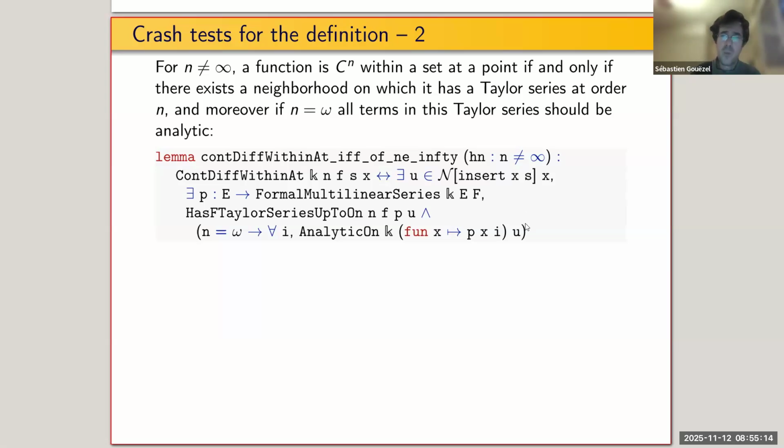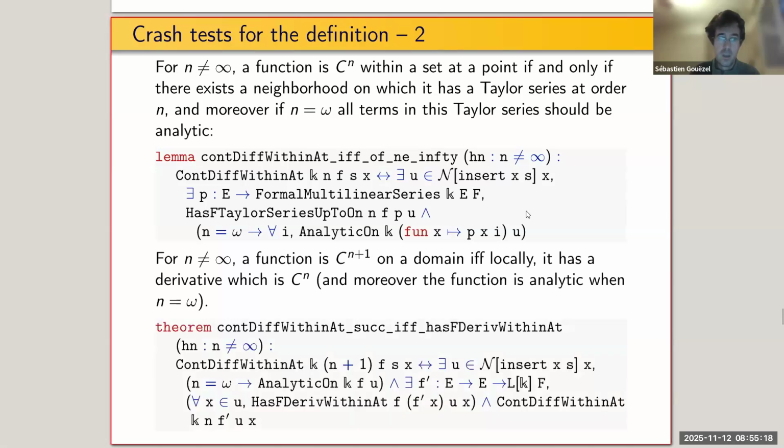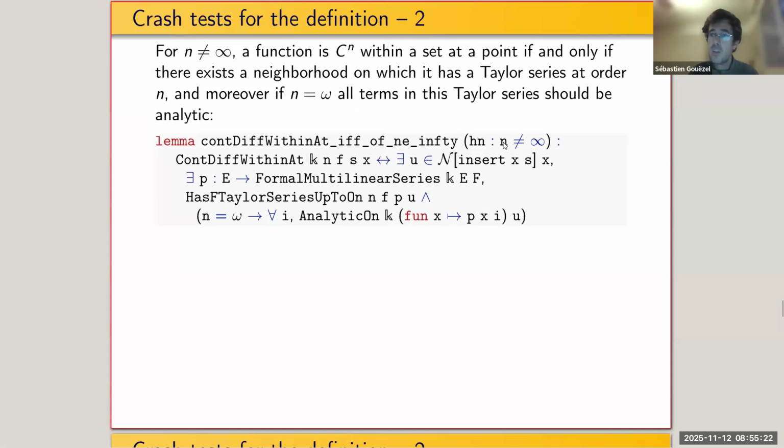And then you may wonder, why this condition that n is not infinity? Well, because for n equal to infinity, it's not true. You have to think a little bit, but think of a real function which around 0 is exactly Cn on the interval -1 over n, 1 over n.